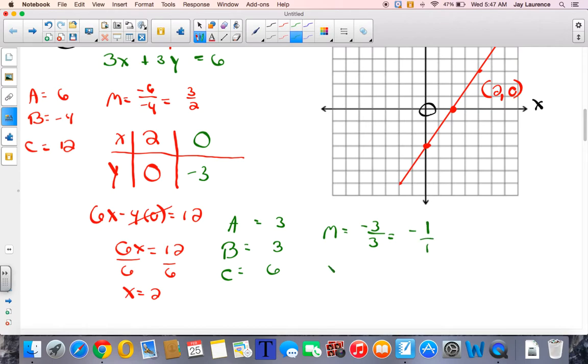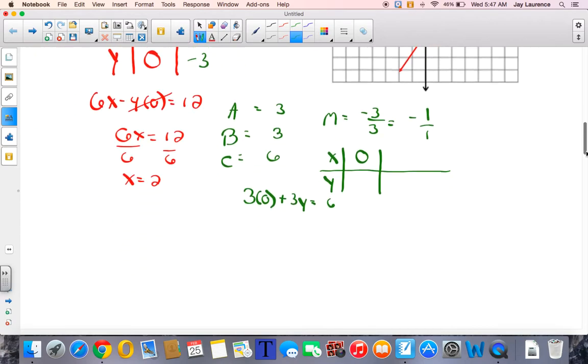And which intercept do you want to find this time? Well, I found the x-intercept last time. So I guess I'll go find the y-intercept because both A and B go into C evenly. So I'll go ahead and find the y-intercept. And so I'm going to do 3 times 0 plus 3y equals 6.